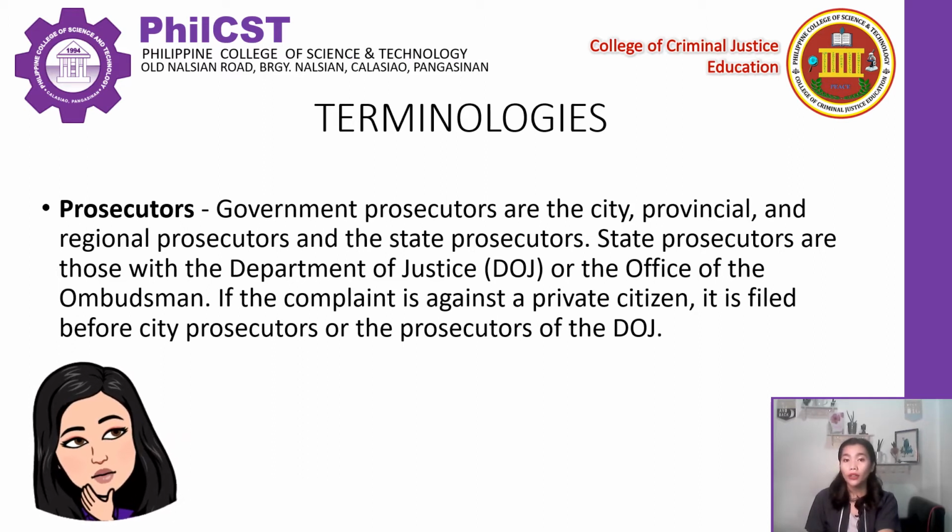If the complaint is an offense covered by anti-graft court, so Sandigan Bayan, criminal and civil cases involving graft and corrupt practices and such other offenses committed by public officers, tandaan public officers and employees, including those in government-owned or controlled corporations in relation to their office, then it is filed before prosecutors of the Office of the Ombudsman.